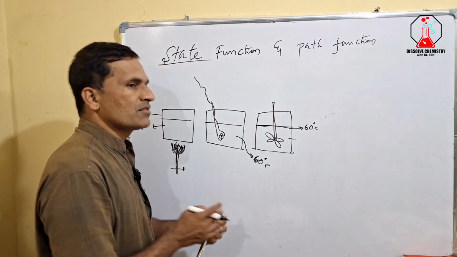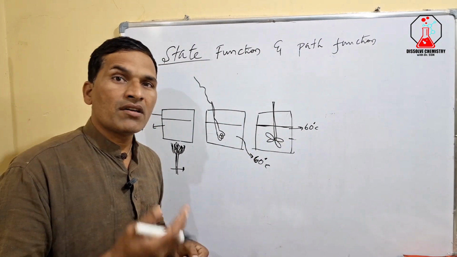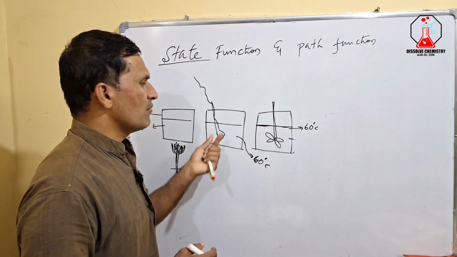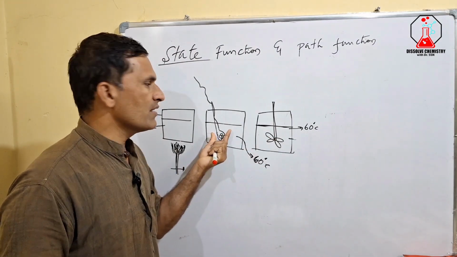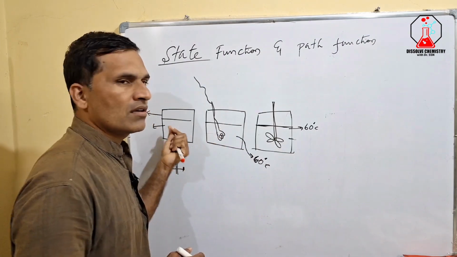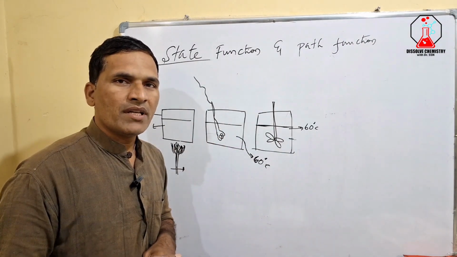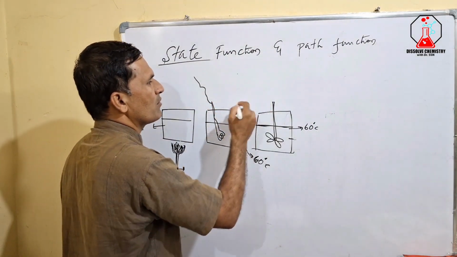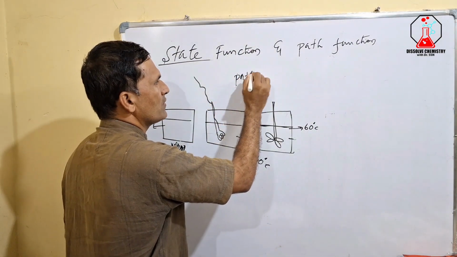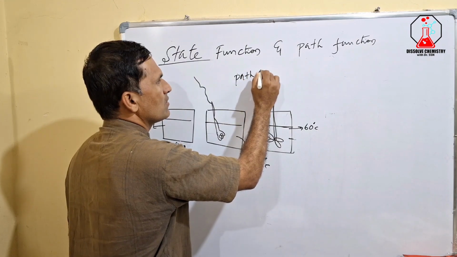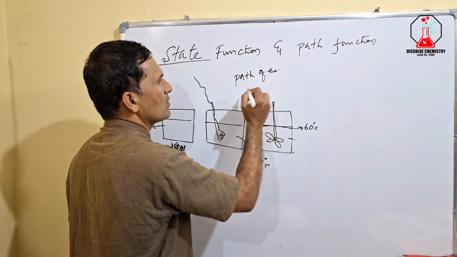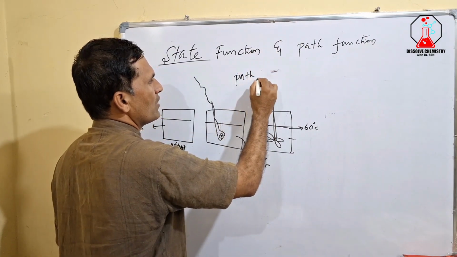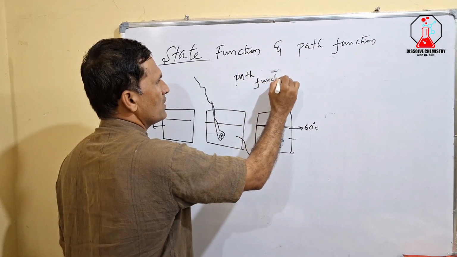Here, with churning. Churning needs a lot of time as well as much more work compared to heating with an electrical coil or on the burner. Meaning, work depends upon the way it has been brought, upon the path. So we call work a path function.